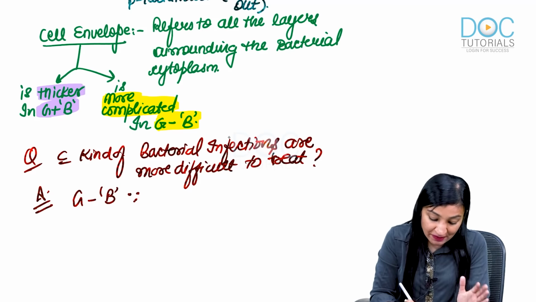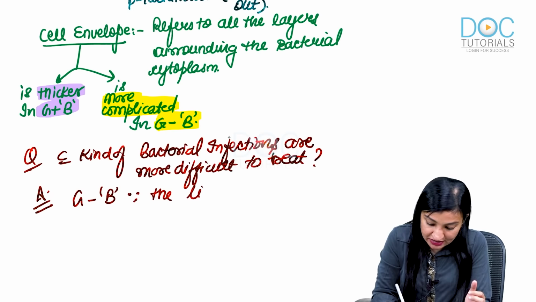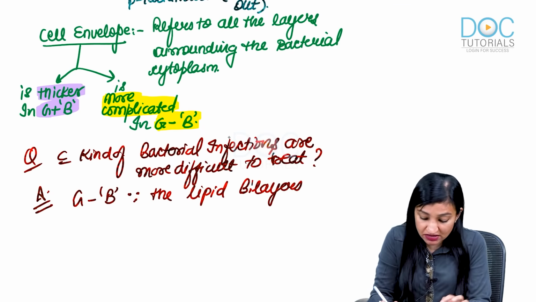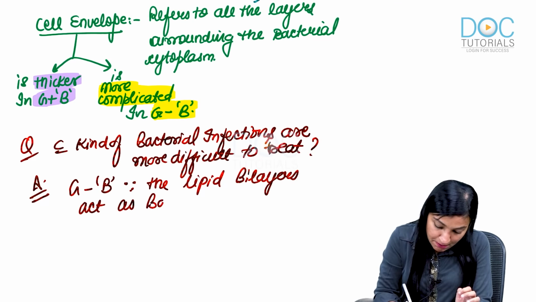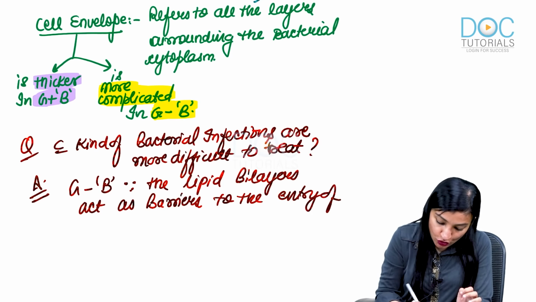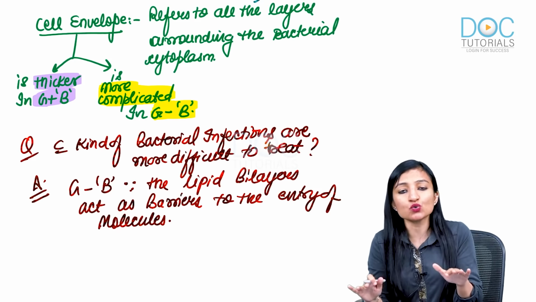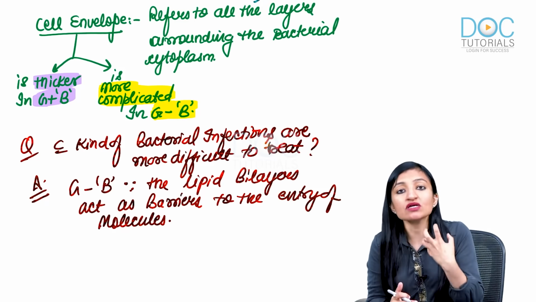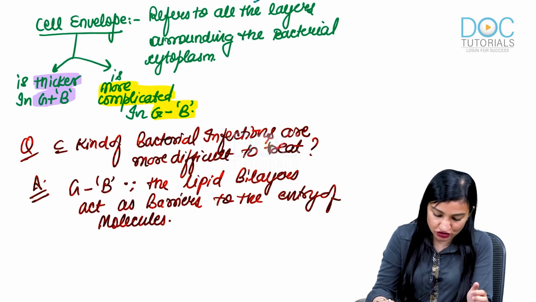So gram-negative bacterial infections are tougher to treat because these lipid bilayers, which are two in number in gram-negative organisms, act as barriers to the entry of molecules including antibiotics. That is why, as a general rule, we say that gram-negative bacterial infections are more difficult or tougher to treat as compared to gram-positive infections.